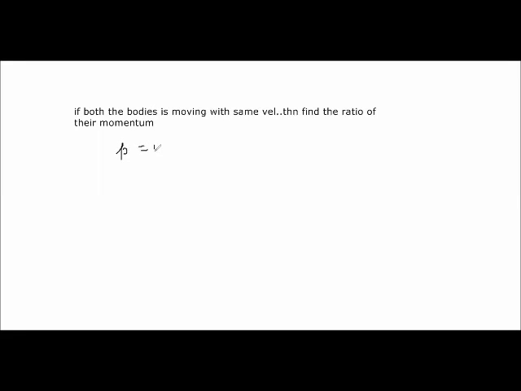P equal to m into v, so P1 upon P2 is m1 v upon m2 v. The v cancels, so P1 upon P2 equals m1 upon m2.